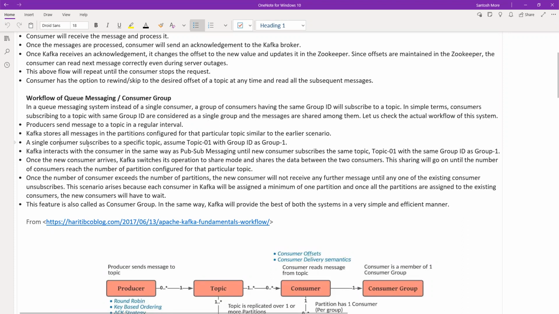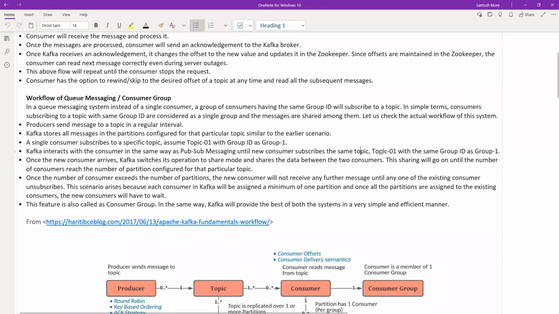Initially there will be a single consumer subscribed to a specific topic, say topic 01, with group ID group 1, and Kafka interacts with it the same way as in pub-sub messaging until a new consumer subscribes to the same topic.